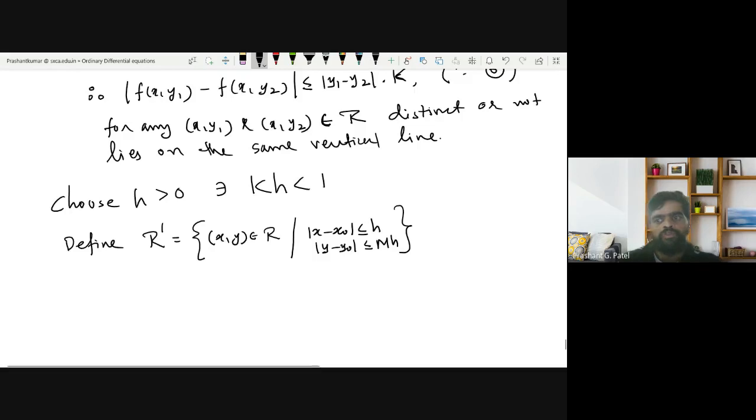So this R dash is a subset of R. Let us try to draw what this R dash is.